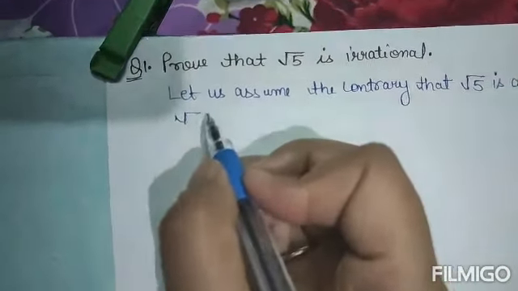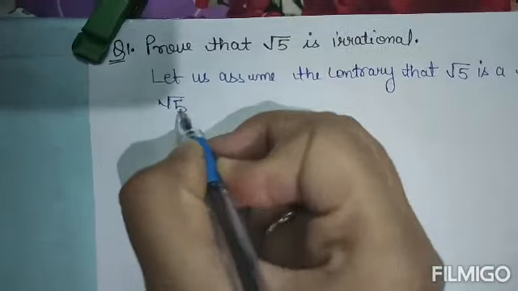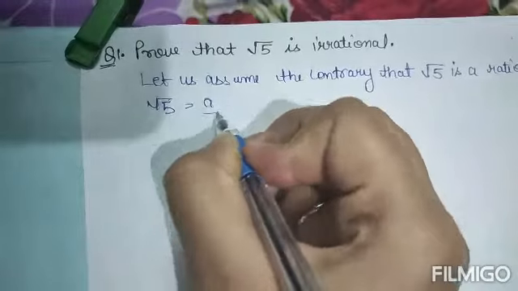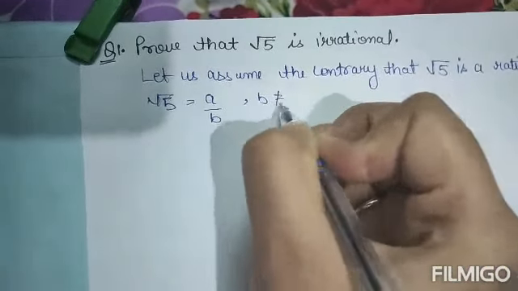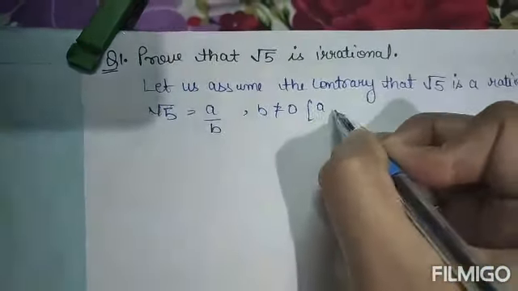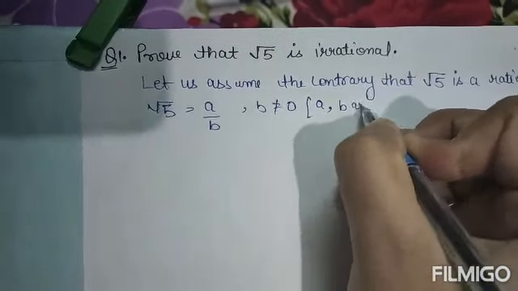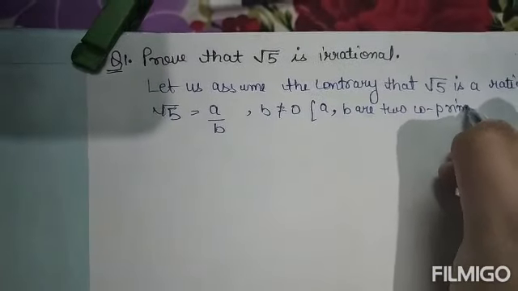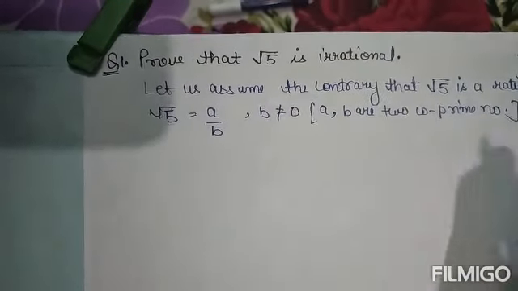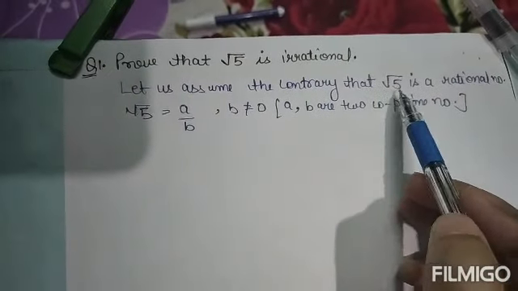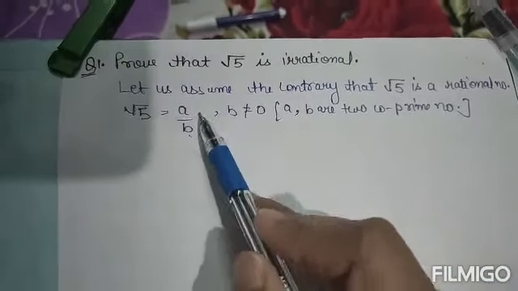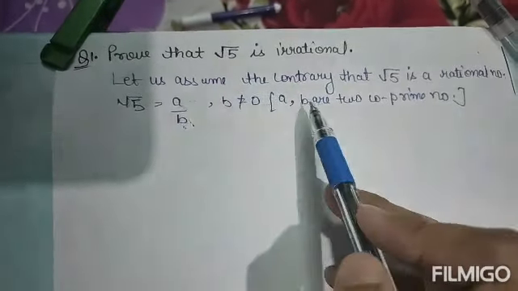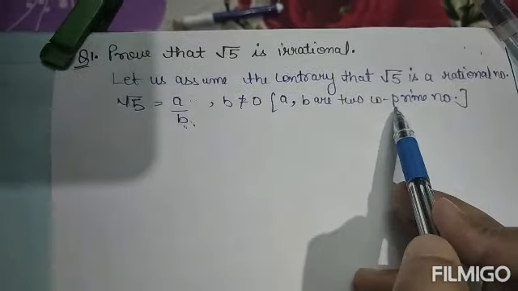What do you mean by that? Root 5 is equal to a by b form, where b cannot be 0, and a and b are co-prime numbers. We have written the rational number root 5 in the a by b form, because we know rational numbers are written in the form of a by b, where we have taken a and b as co-prime numbers.